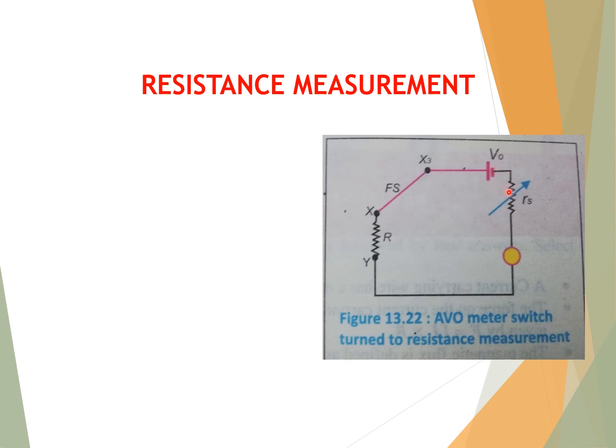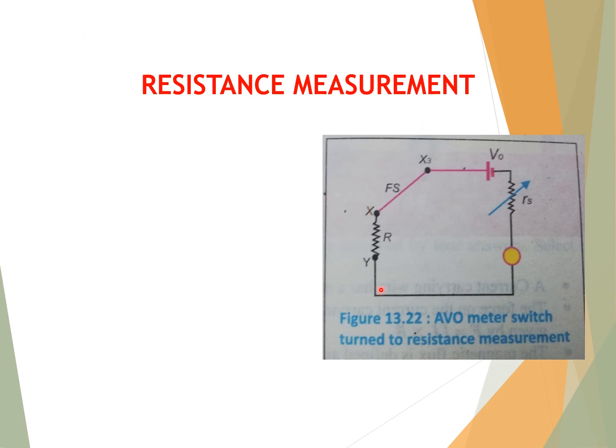We are providing the voltage to this galvanometer, and current is flowing through this galvanometer. We have an unknown resistance, and with the help of this resistance, the deflection of the galvanometer changes, and we can calculate the resistance with the help of this observation. So the scale can be converted into resistance.